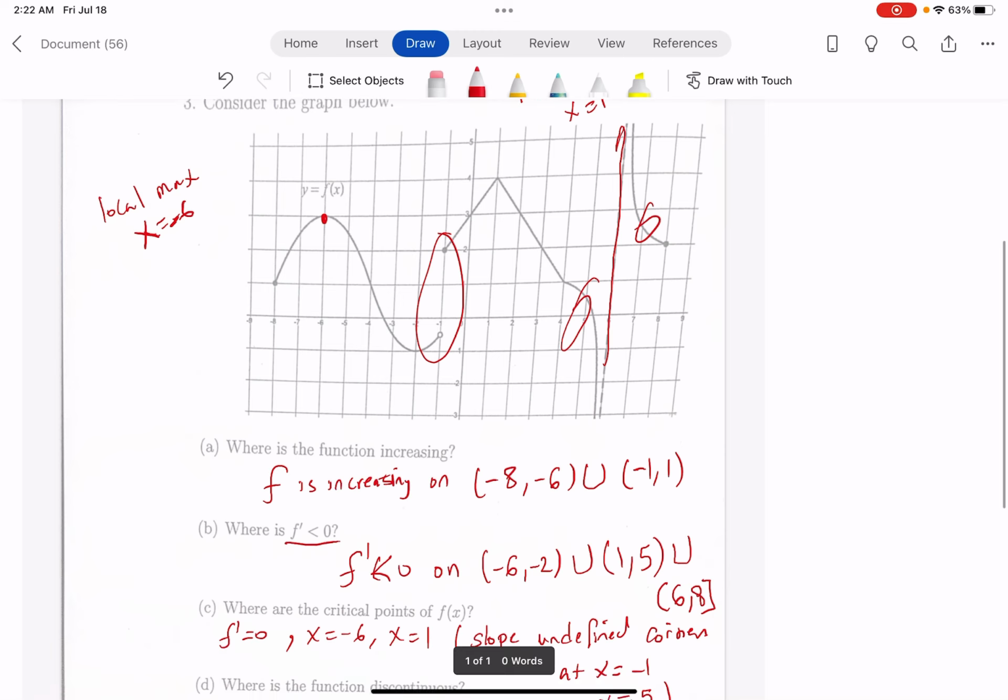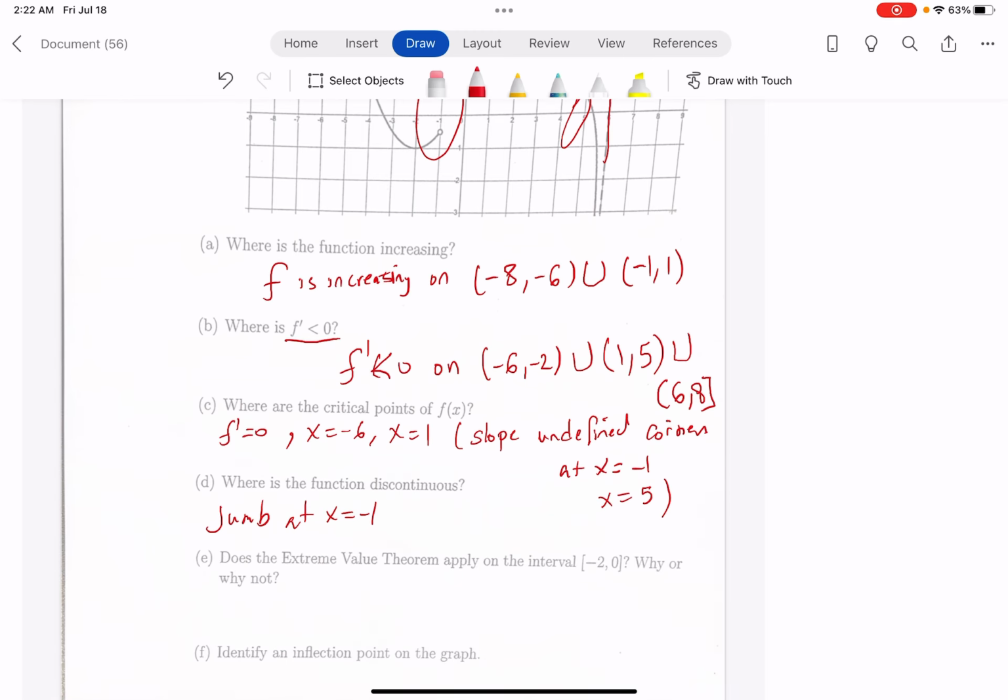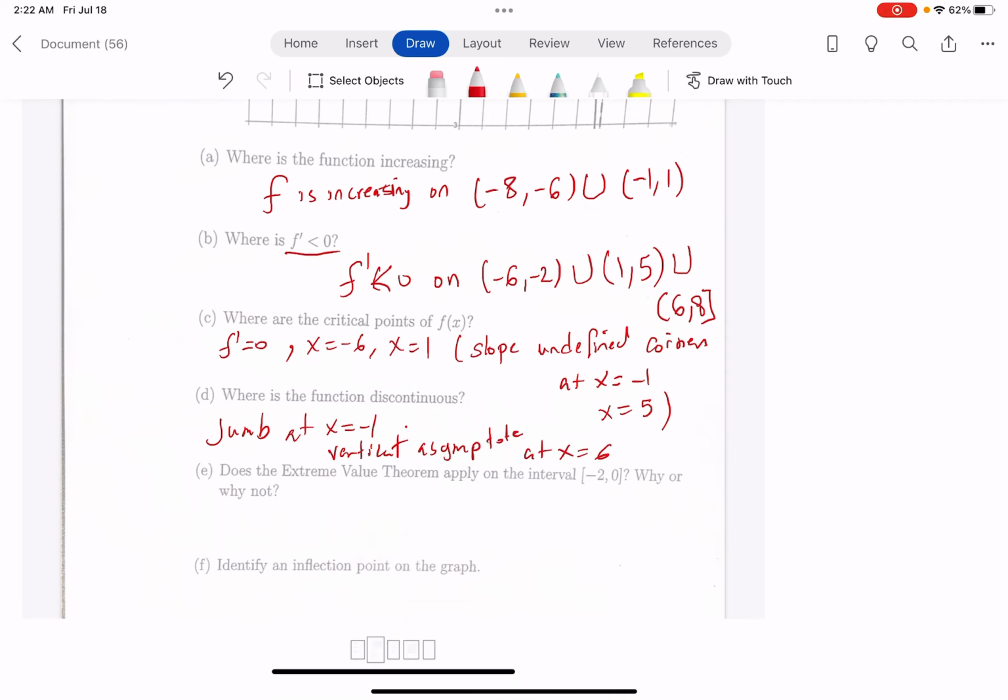That is the discontinuity, and the vertical asymptote at x equal to 6. So f is discontinuous at the jump and at the vertical asymptote at x equal to 6.